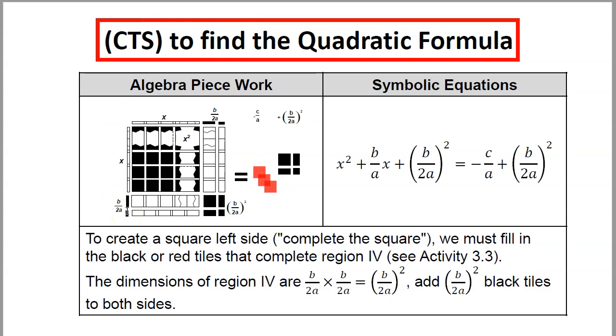Now we'll complete our square. The dimensions of this region, the hole that we had here, are b over 2a times b over 2a. So we'll add b over 2a squared to each side, and we'll do that symbolically as well.